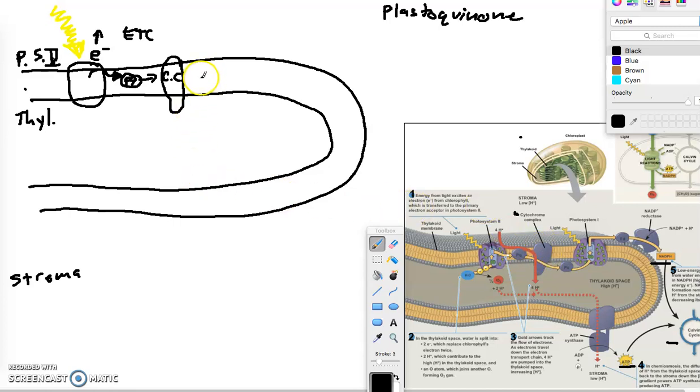Finally, it gets handed off to plastocyanin. So plastocyanin. All right? And then ultimately that plastocyanin will hand it to another complex, and that is called photosystem 1.